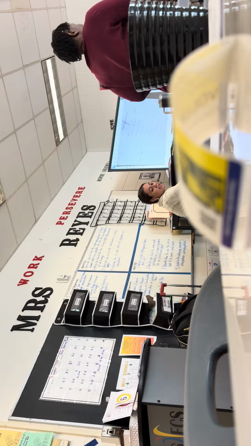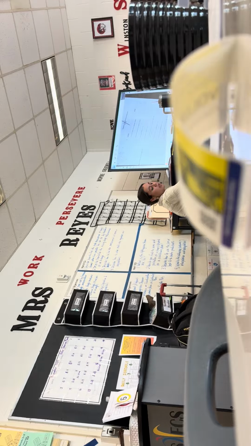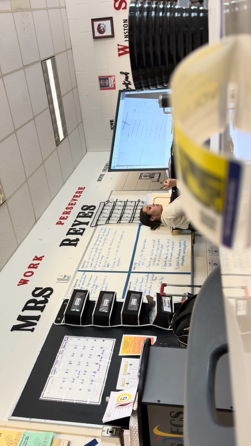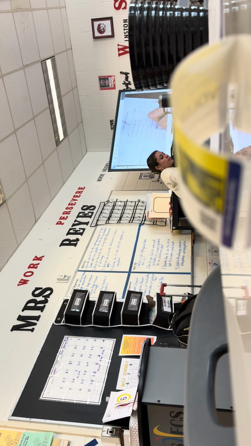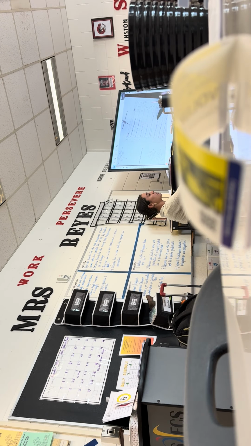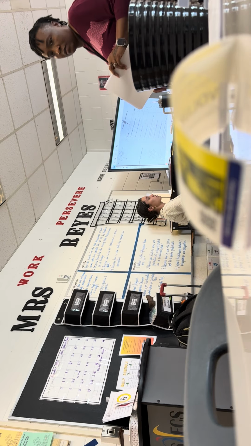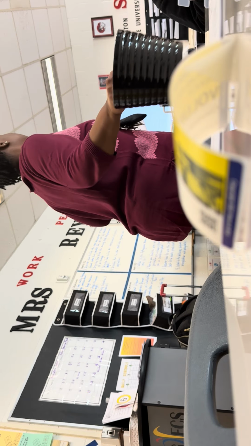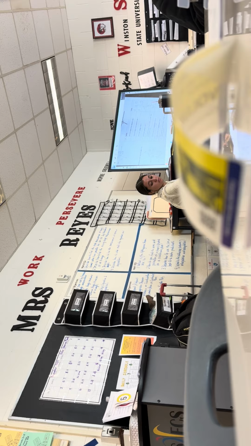Number 6, name an angle that is supplementary to angle B. So what is supplementary? It's to equal 180, right. So what angle would be supplementary to angle B? A. Good job.